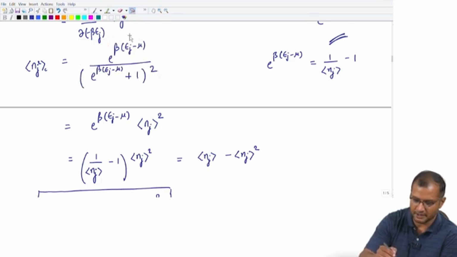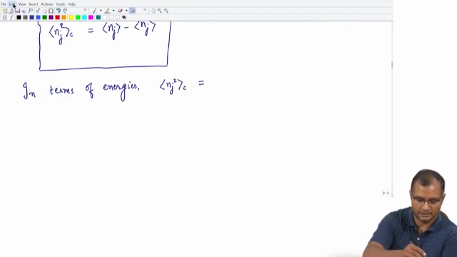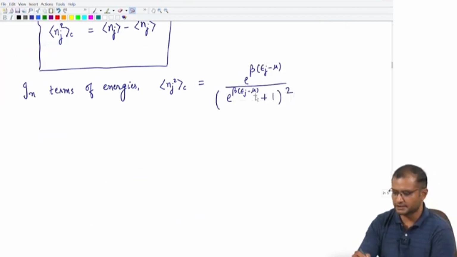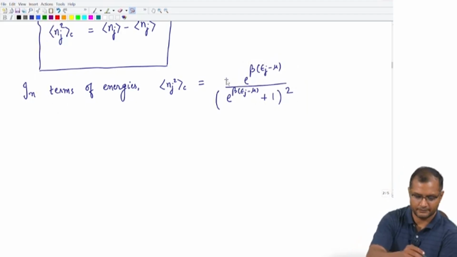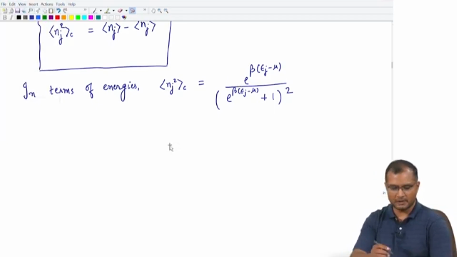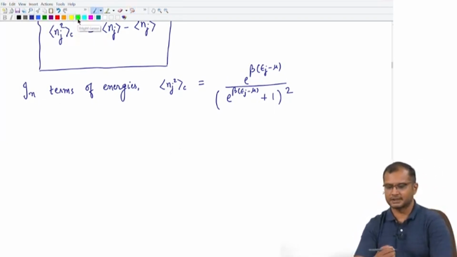So, let us copy it from here and take it downstairs, and if I bring it here, I can do something with it, compactify it, and write it in terms of energy.